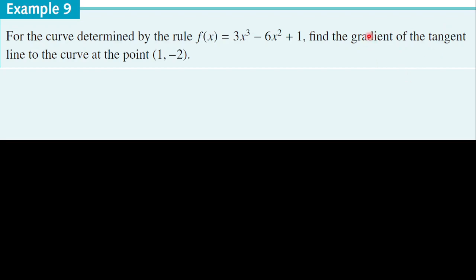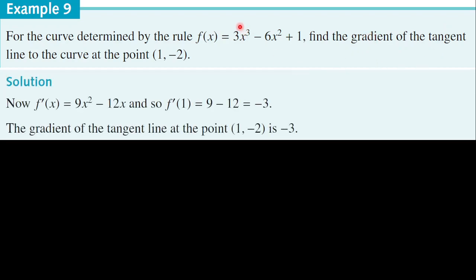So before we find the gradient, we differentiate this. That gives us a new rule, the rule of the derivative, which is a function of x, different from f of x. Then to find the gradient at that point, you substitute x by 1.